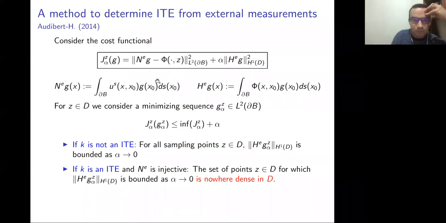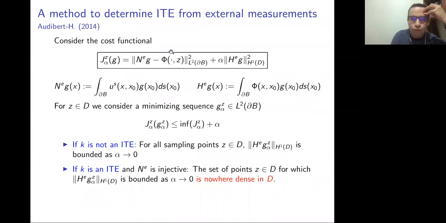What we want to do is build a nearby solution to this equation, so we want N of g to be equal to some data, and this data corresponds to the point source at the sampling point z that we will put inside the domain D. This may not be exactly solvable, but this operator has dense range, so you can build a minimizing sequence.